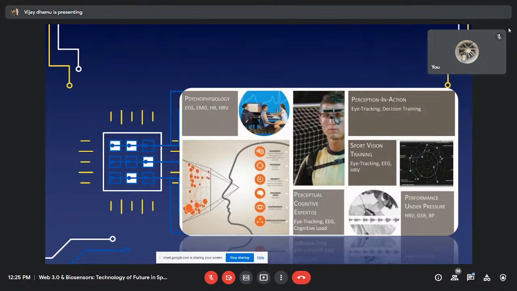All these things can be calculated by using this without even making the athlete do anything apart from his or her training.